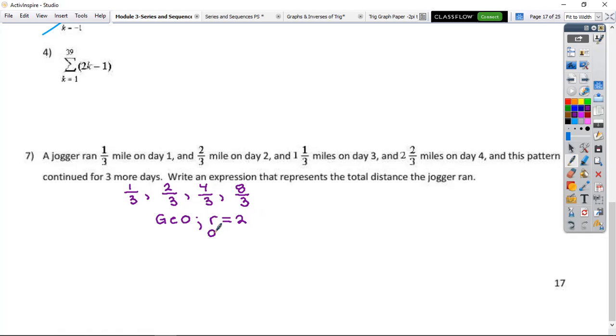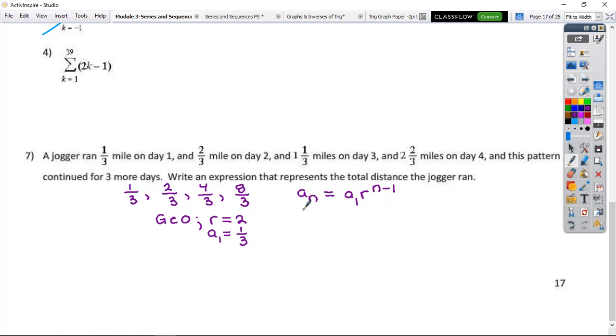A sub 1 is equal to 1/3. So you're going to go directly to your formula sheet. You're going to pull the formula that is 4th down and write a sub n is equal to a sub 1 times r raised to the n minus 1.